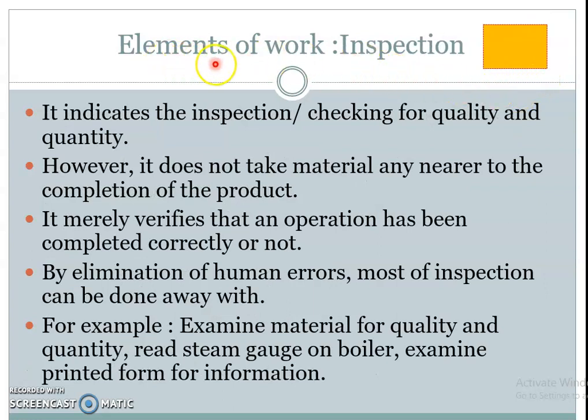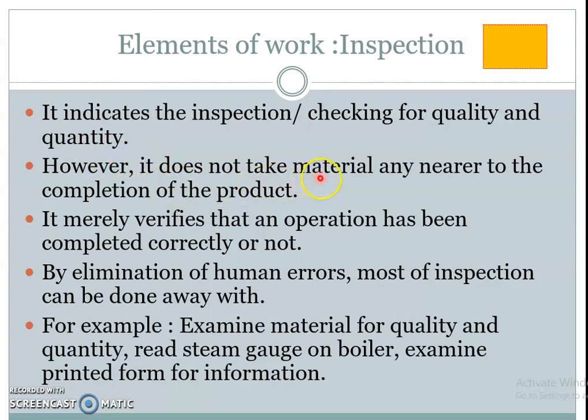Now the next method study symbol is inspection. Inspection is depicted as a rectangle on the chart. It indicates inspection or checking for quality and quantity. If you want to count the number of parts, or check the quality, that may be a dimensional check or quantitative check, we depict this activity as a rectangle.